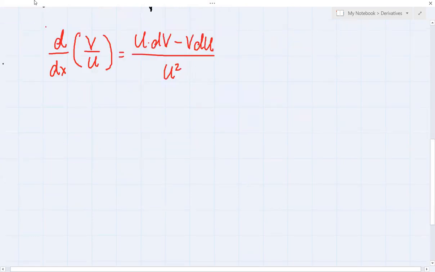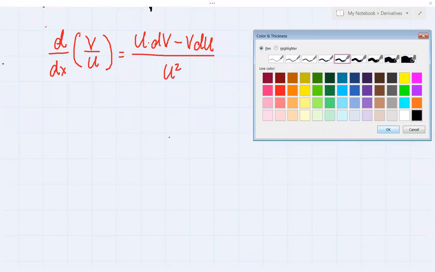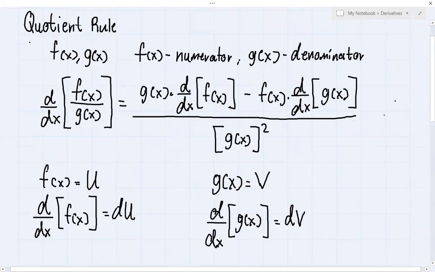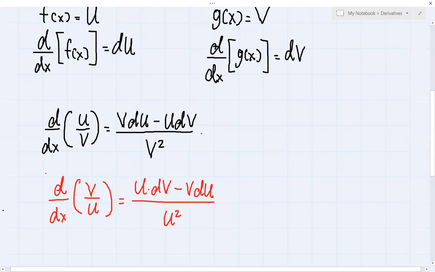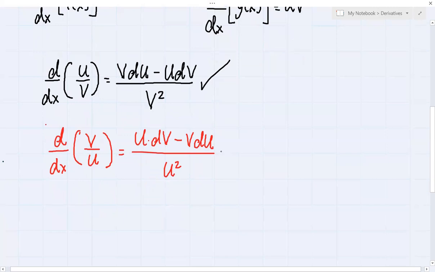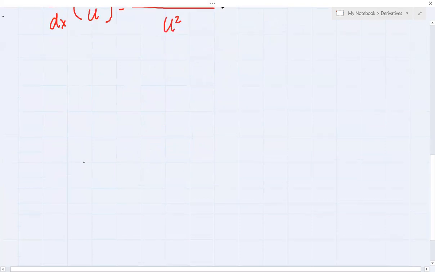By the way, you can pick which one you would like. Would you prefer the original formula, or this one with U in the numerator and V in the denominator, or vice versa? There's no problem with that. But there is one thing that I highly recommend.